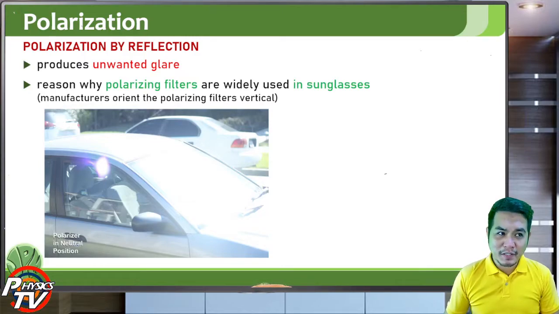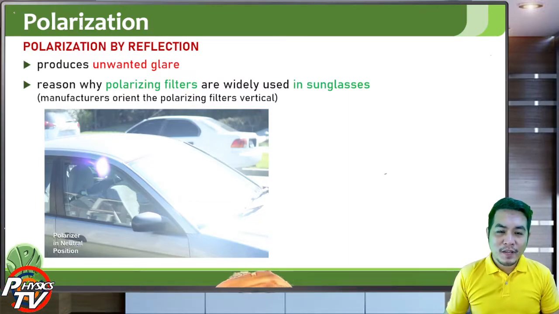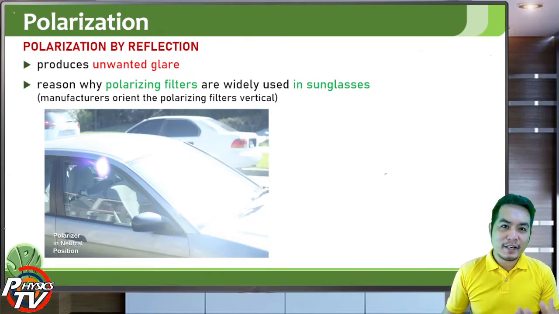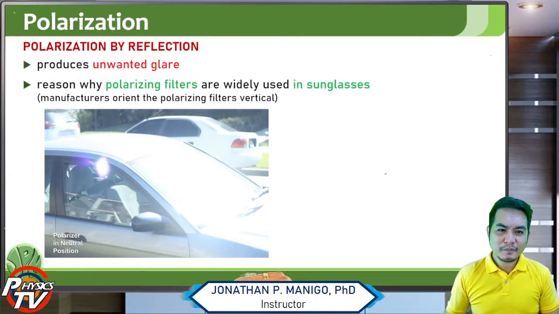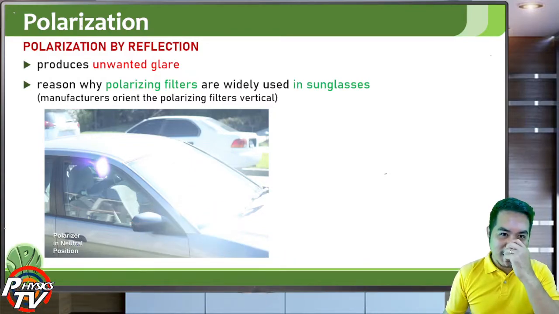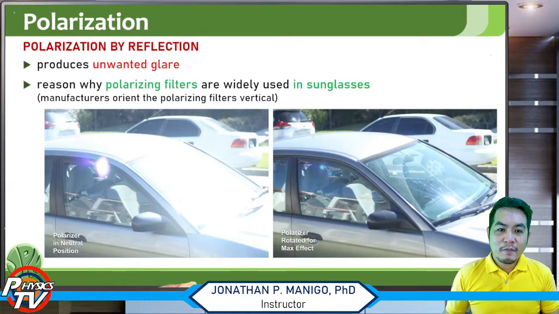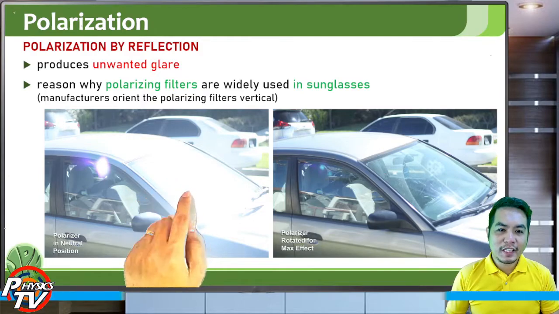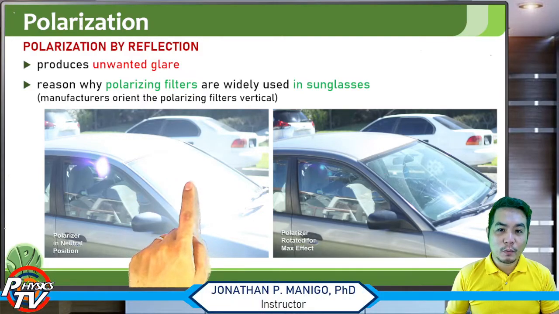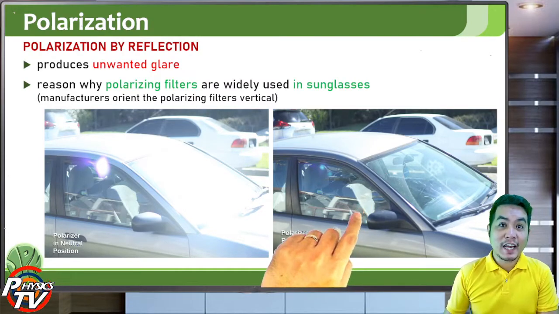I think you have noticed this when you look at a car window or the rooftop of your neighbors. There's a certain angle where there is a very bright and focused light, like a laser light, and that angle is due to polarization by reflection. So this is seeing the car window without a filter, and now seeing this window also with a polarizing filter, with sunglasses, for instance.